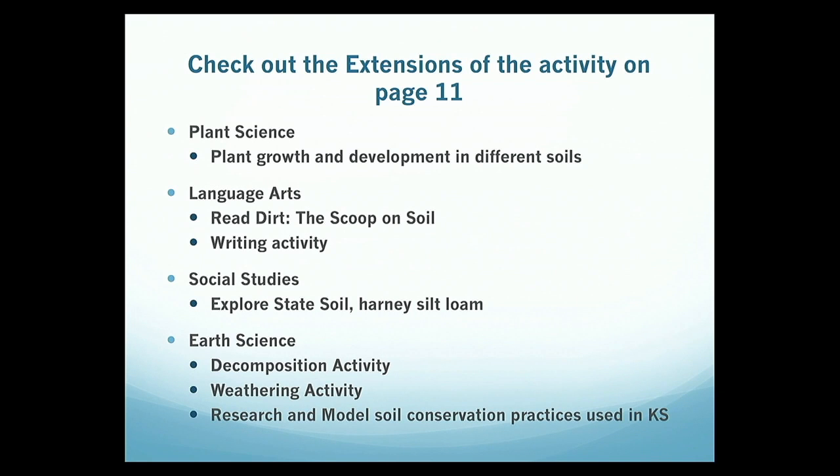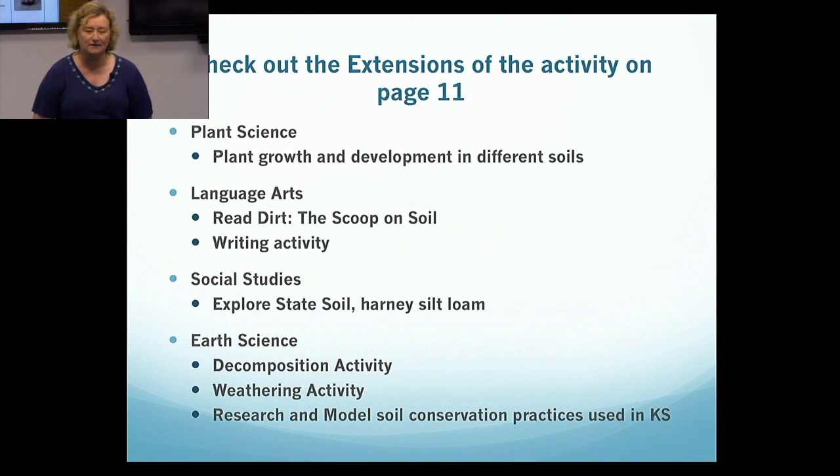The extensions would be plant science. There's a plant growth and development activity that they can do with growing plants in different soils and comparing and contrasting. There's a language arts extension where they can read another book called The Scoop on Soil, and they can do a writing activity as a part of that.